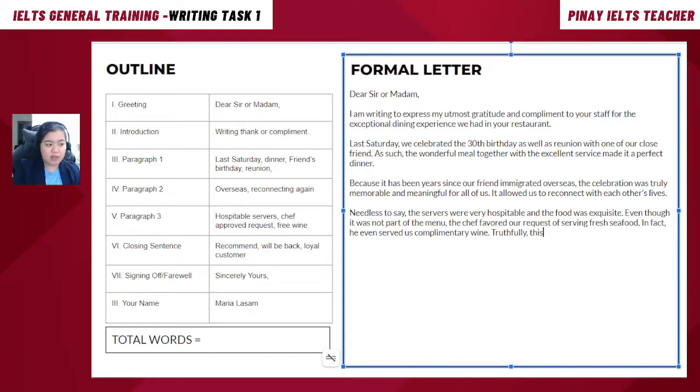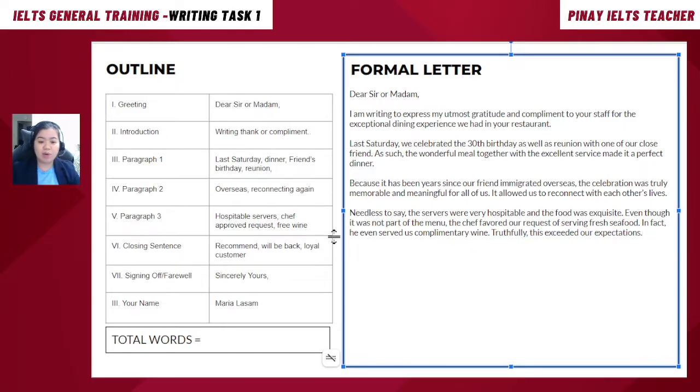Truthfully, this exceeded our expectations. So why did I add that even if it's not part of my outline? Well, first I want to make my letter longer by adding this touch, and it's still part of the general idea why I was happy with the service. So I say something like, truthfully, this exceeded our expectations.